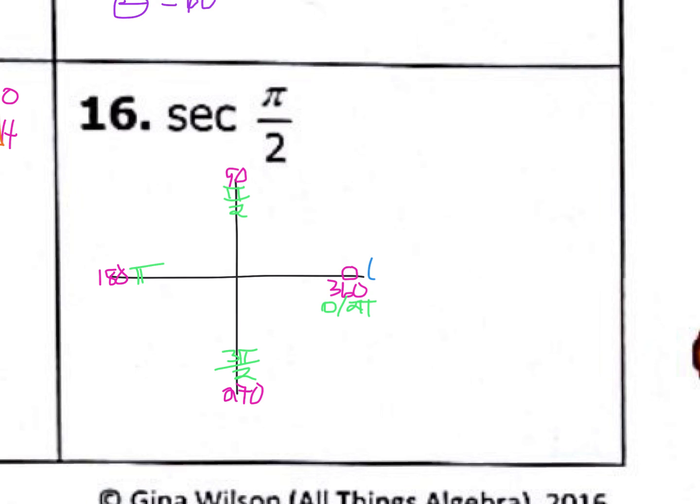So let's just review the ordered pairs on each of the axis points. Because our radius always has a length of 1, here we're going to go to the right 1, up nothing. And here we're going to go no right, but up 1. And then here we would go left 1, which is negative 1, up nothing. And then here, no right or left, but down 1.